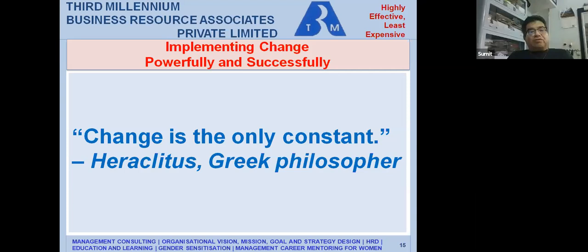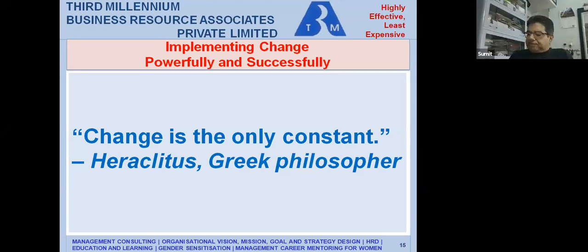And he had used this: change is the only constant. Right? That means everything in this world is changing all the time, and we have to get used to it. And what better than right now? 4 or 5 months back, if somebody would have told you that you would be stuck at home and not be able to go out, you would not have believed, probably. But that change has actually happened, and one doesn't know how long we have to stick to this.